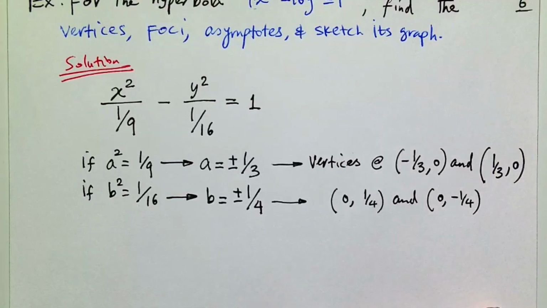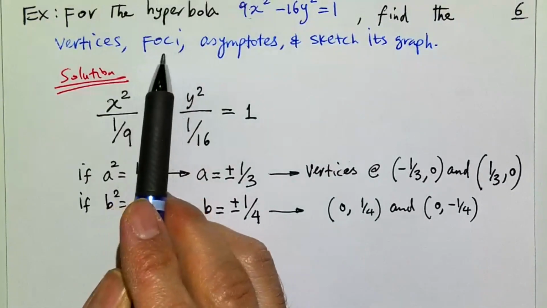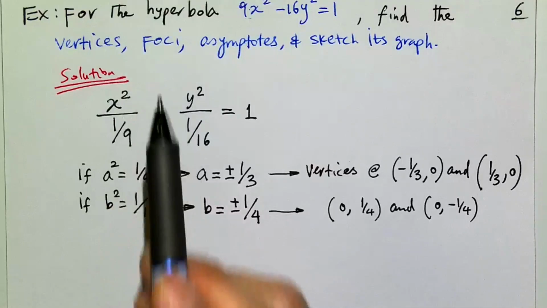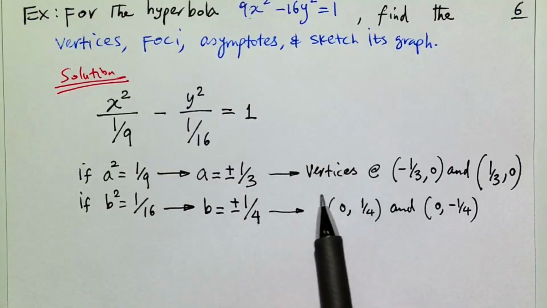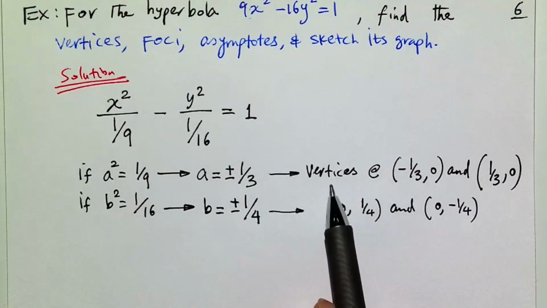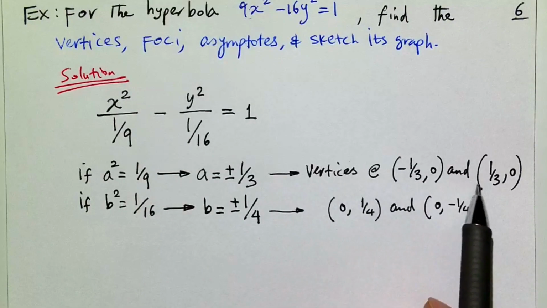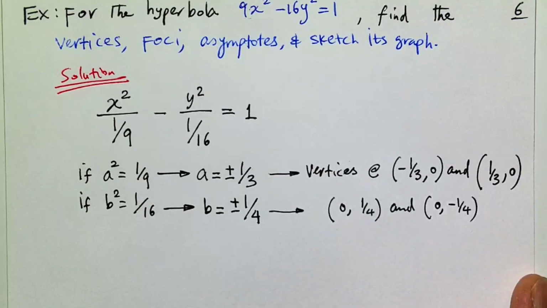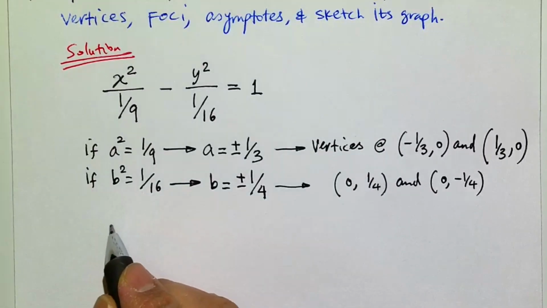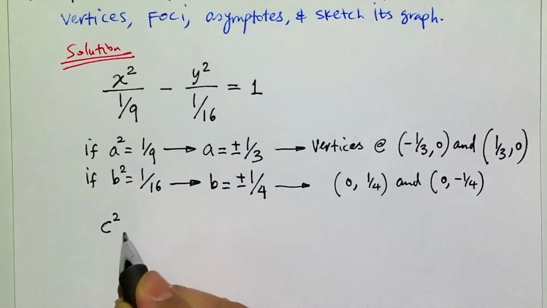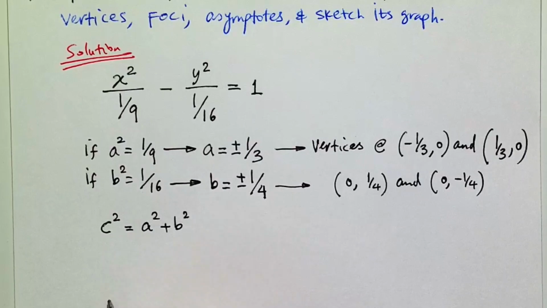All right, so they're also asking us to find both foci. The foci are going to be on the same axis as the axis that has the vertices on it. So in this case, the foci will be along the horizontal x-axis. Now, we have a formula with which we can calculate it. We know that c squared is equal to a squared plus b squared.